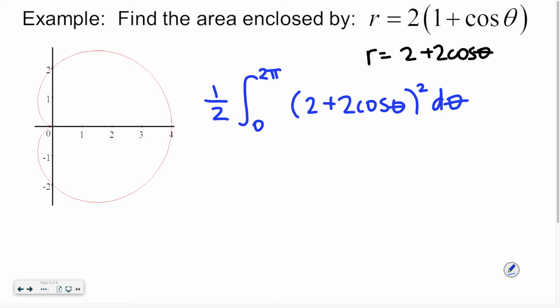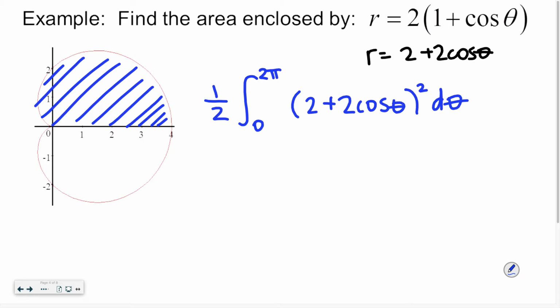Okay, this would represent our area. What else would represent our area? We shaded in the graph. True. Half of it, times two. We could take the integral from 0 to pi and multiply it times 2.